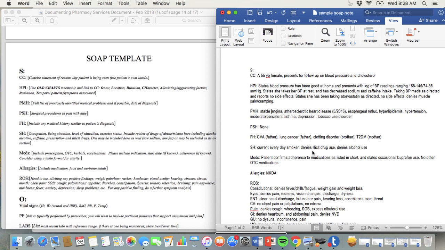pertinent, etc. For this patient, she states that her blood pressure has been good at home, but presents with a log of blood pressure readings ranging from 158 to 146 systolic over 74 to 88 diastolic. You may not interpret that as being good, but that's what the patient is reporting.